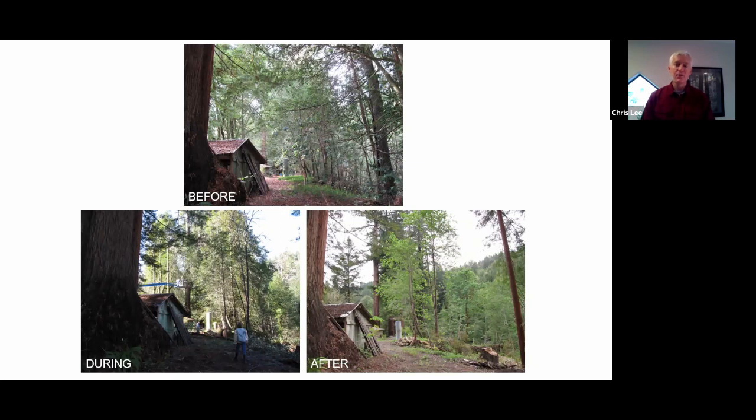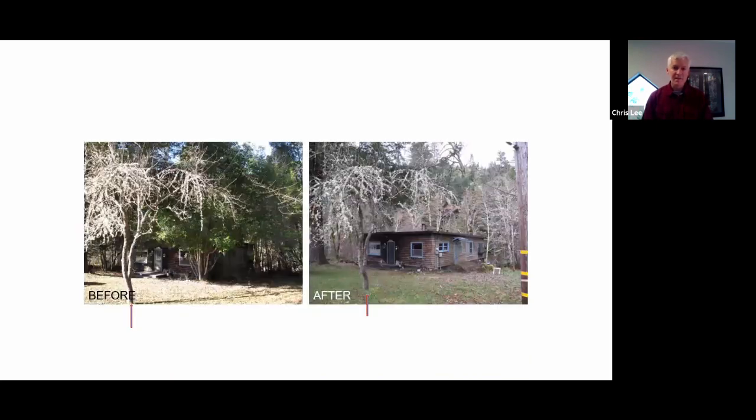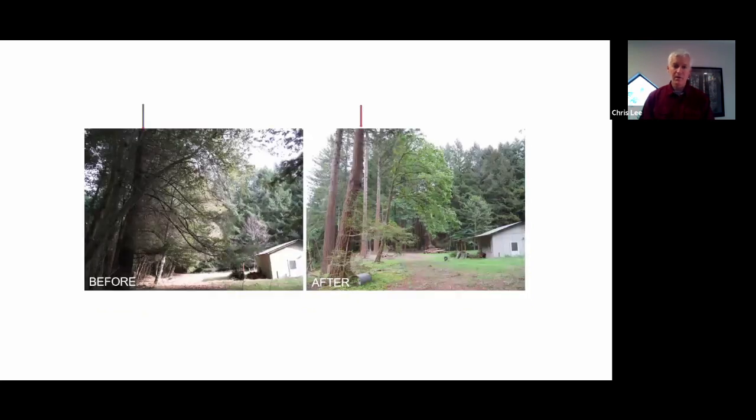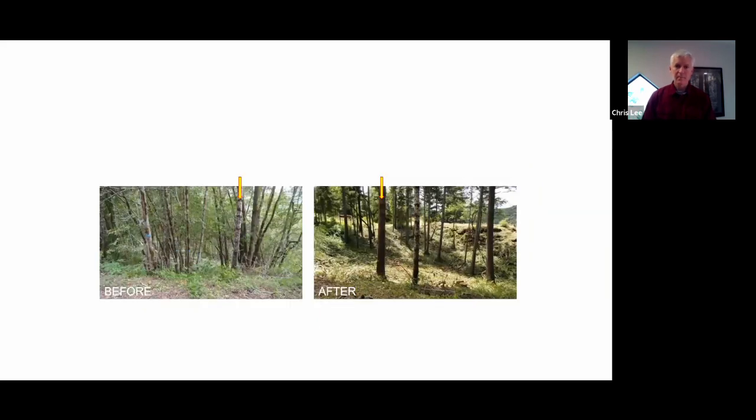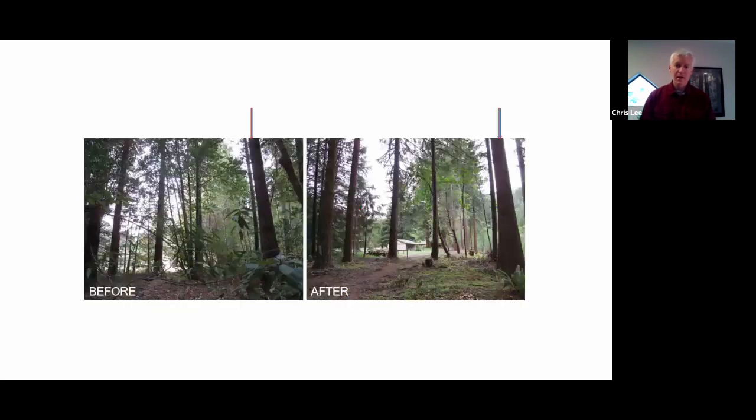I'm just going to take you through a series of pictures of before and after to show you that in many cases, the look of the property and the accessibility of the property through the trees was actually improved by removing bay laurels and tan oaks. The arrows refer to the same trees, and so in some of these cases it may look like the vantage point of the picture has been moved.